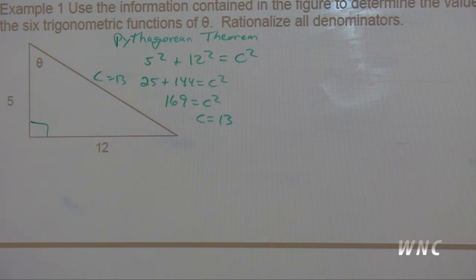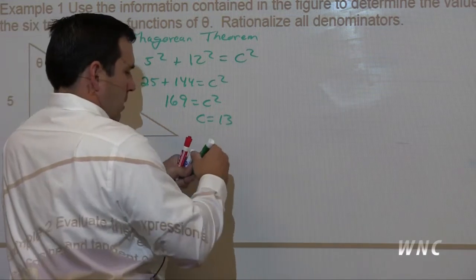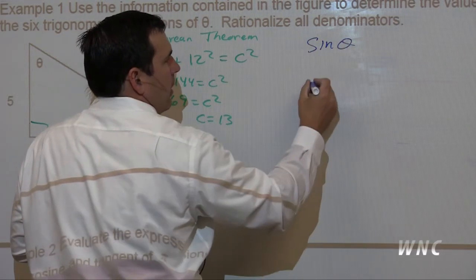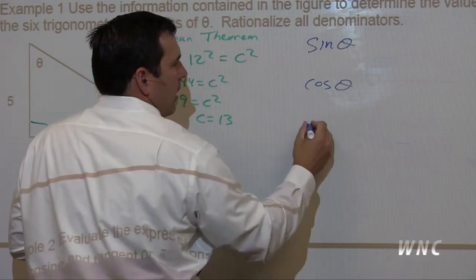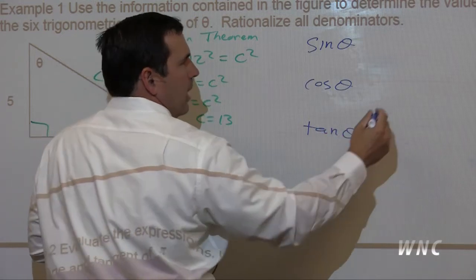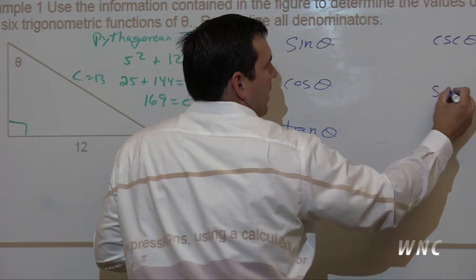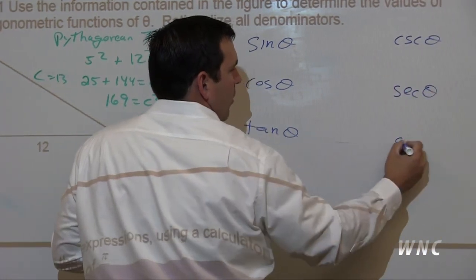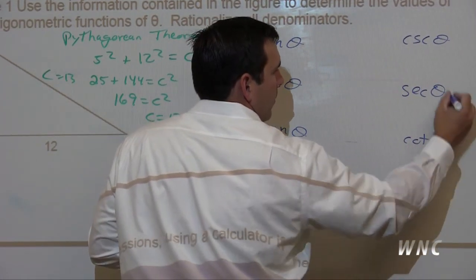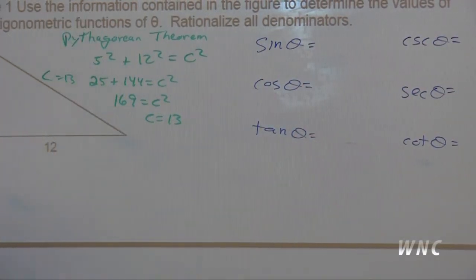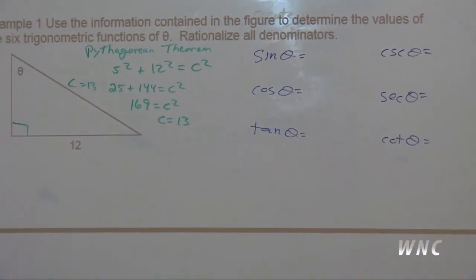Now we're talking about this angle up here. We're first going to find sine theta, then cosine theta, then tangent theta. Then we'll find cosecant theta, secant theta, and cotangent theta. So this is our angle.